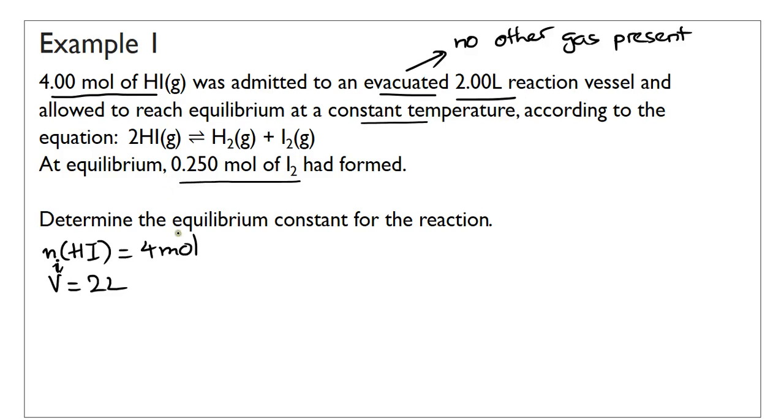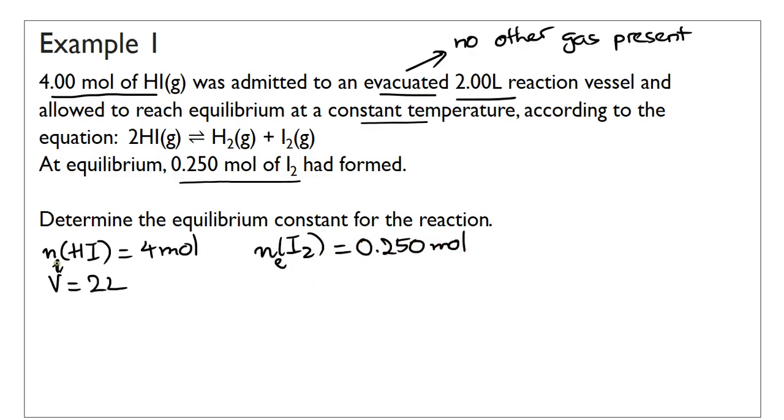So you really want to make sure when you summarize the question that you distinguish between the initial amount of something and then the equilibrium amount. So the last piece of information I'm given here is the equilibrium amount of iodine, which is 0.25 mole.